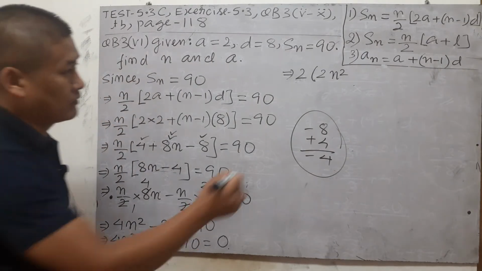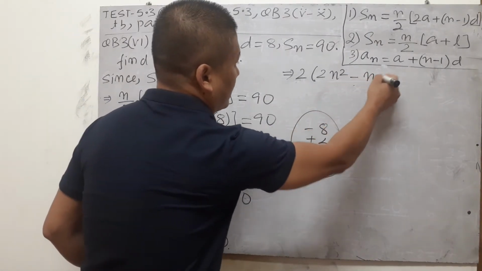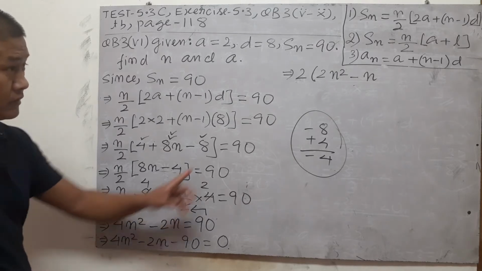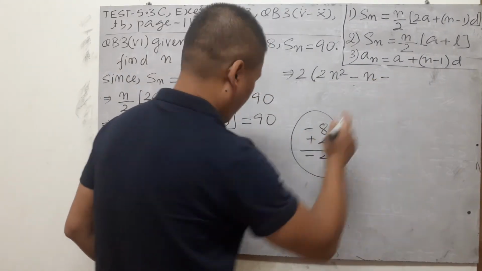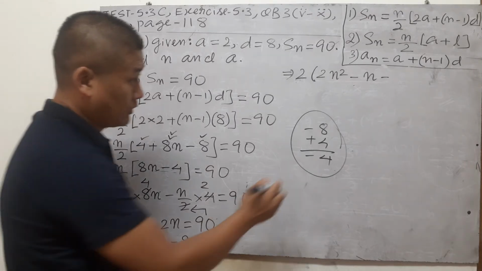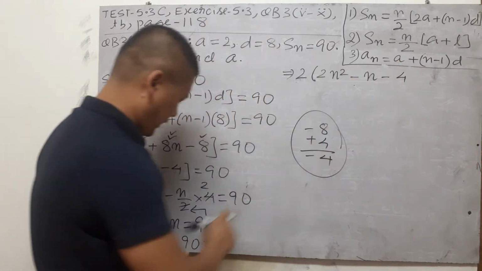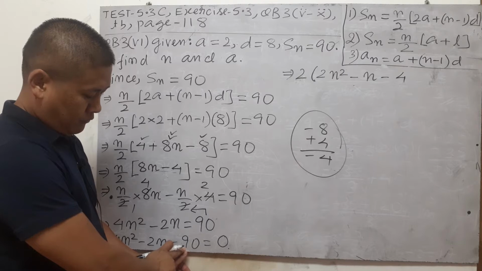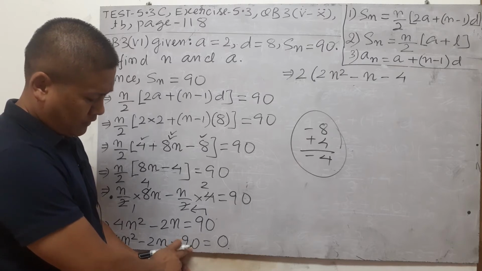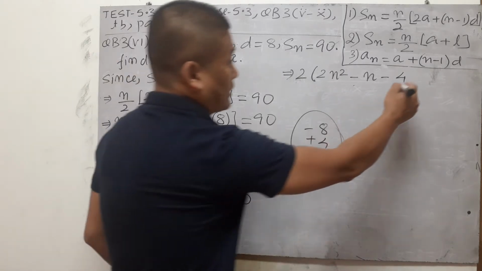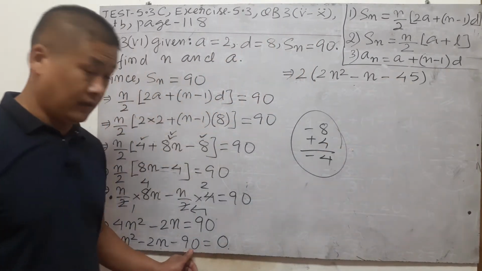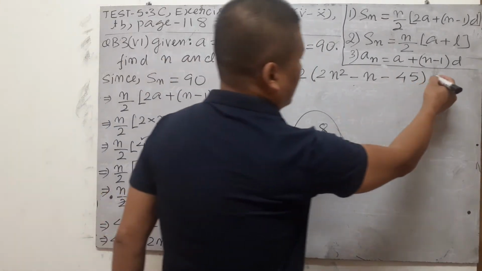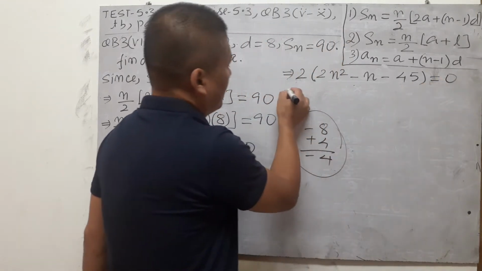Then minus, 2 1s are 2, and 2 has been taken out, so only the n inside, minus, then for this 90, 2 4s are 8, 1 in hand, then 2 5s are 10. In other words, 2 into 45 we know is 90. That way is equal to 0.